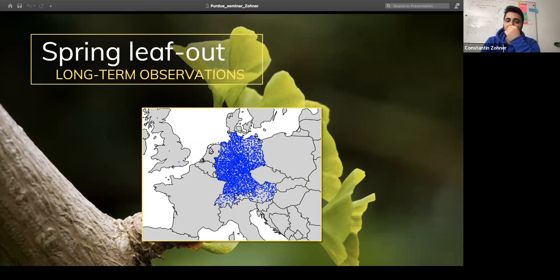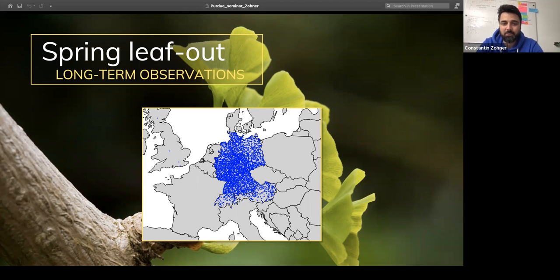And so the main data set we can use to test all these assumptions is called the Pan-European Phenology Database. But anyone who knows about the geography of Europe will immediately see that this is basically the German-speaking phenology database, or the phenology database for Germany, Switzerland, and Austria.